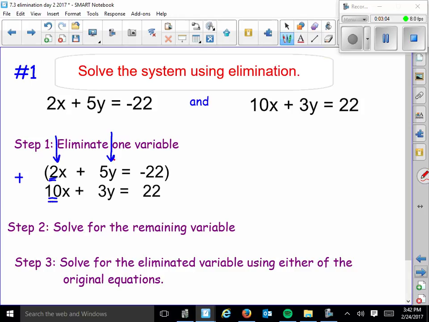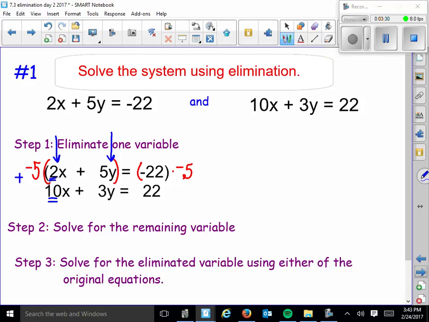Well, I could multiply the equation by -5, and that would produce a coefficient of -10x, which is the opposite of +10x. But I also know that whatever I do to the left side of the equation, I must do to the right side of the equation. So I need to multiply the right side by -5 as well.